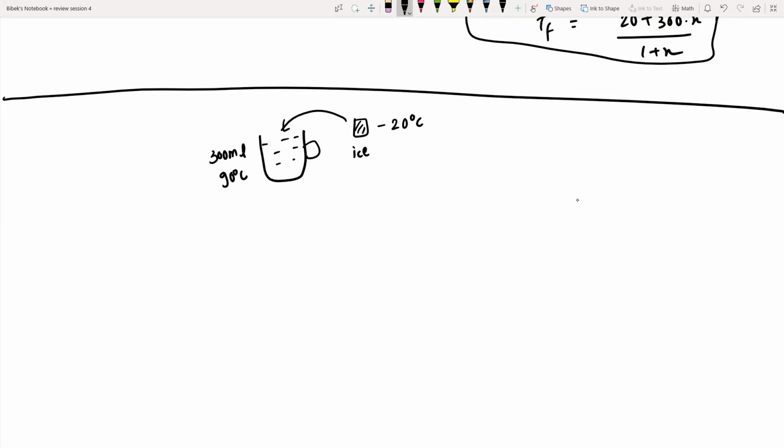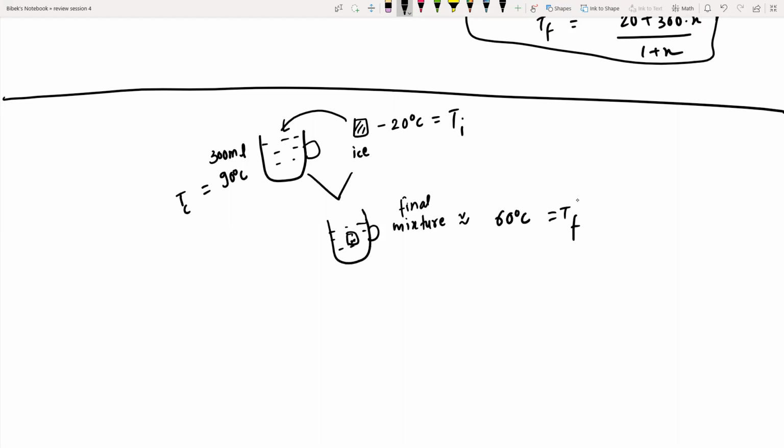And the final temperature, after the ice was added to your cup and gets melted and becomes water, so your final mixture is at about 60 degrees centigrade. This is your TI, the temperature of the ice, this is your temperature of coffee TC, and this is the volume of the coffee.